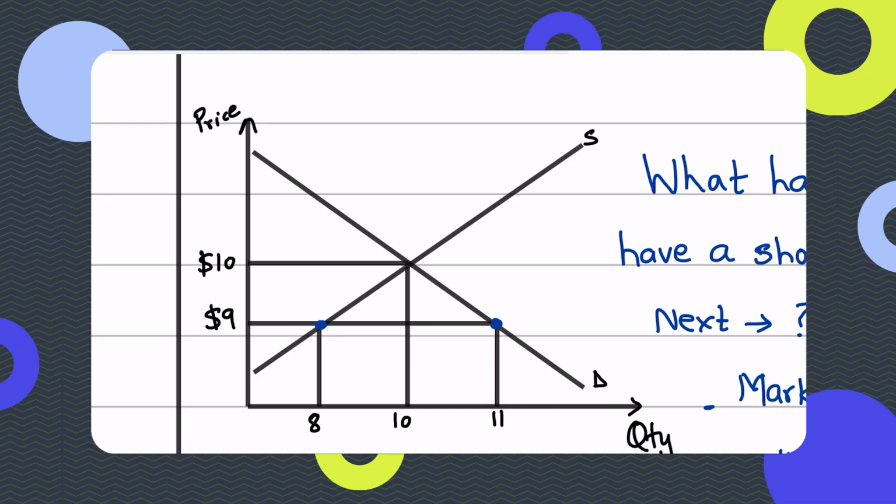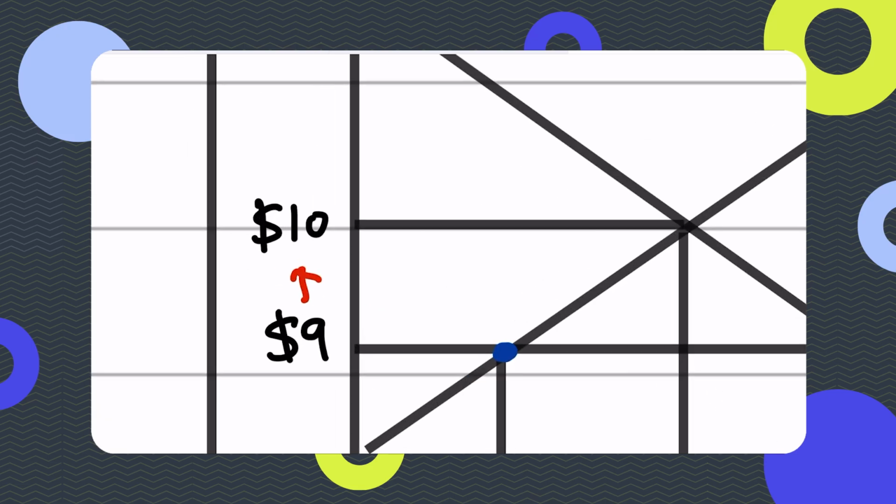So definitely they could pump up the prices, and the market will automatically push up price. There would be an upward pressure on prices, that is, the price would go up automatically. It would start going up from 9 to 9.1, 9.2, maybe 9.5, all the way till 10.